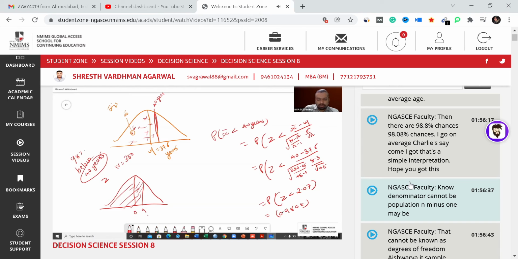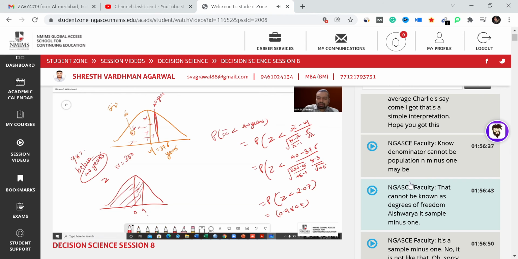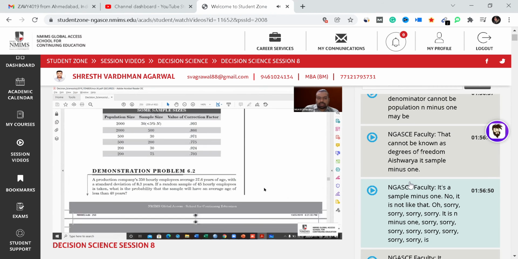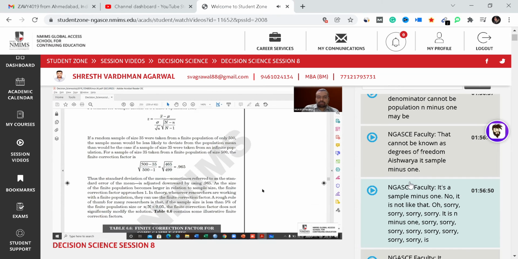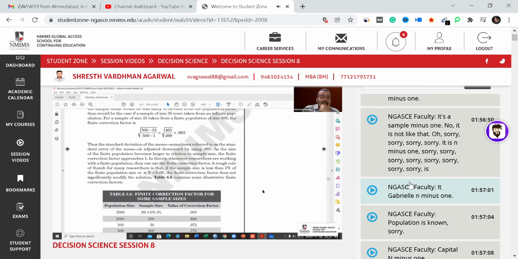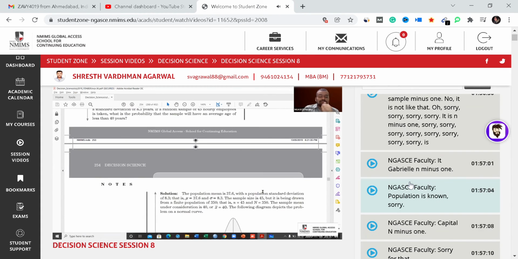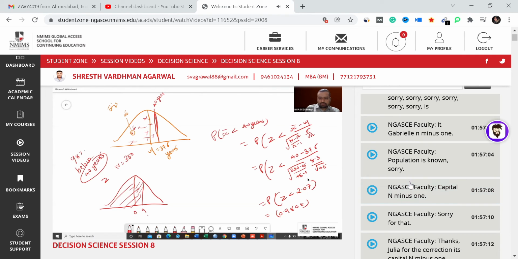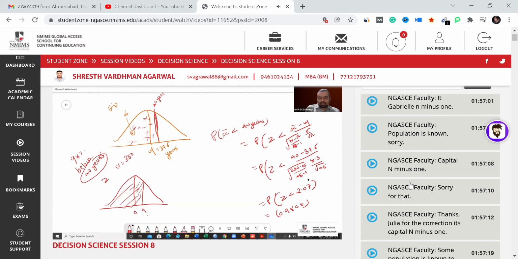No, the denominator cannot be the population, n minus 1 never comes. That cannot be known as degrees of freedom, Aishwarya. It's sample minus 1. Oh, sorry. It is capital N minus 1. Population is known. Sorry for that.